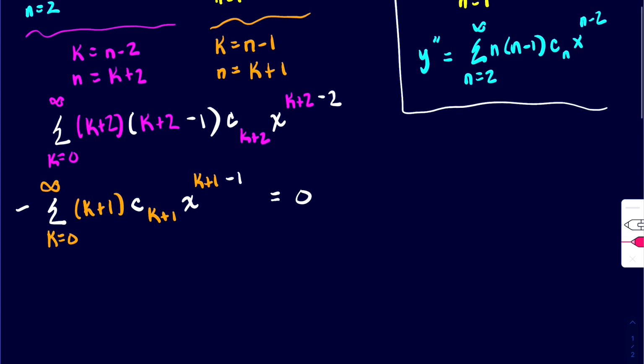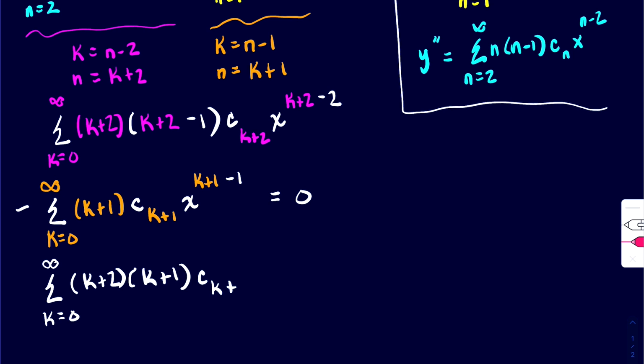So now let's see how it all shakes out. We will have the summation as k goes from 0 to infinity of k plus 2 times k plus 1 times c sub k plus 2 times x to the k.